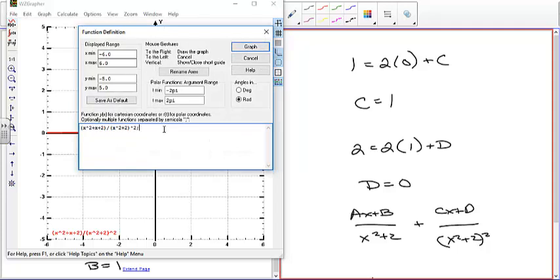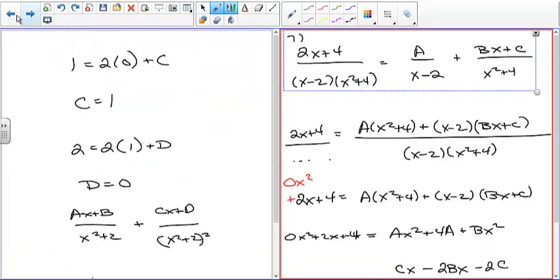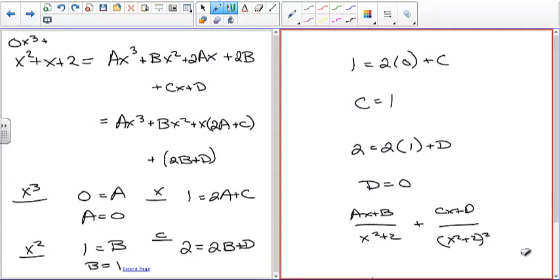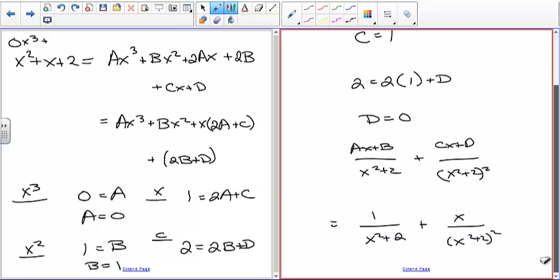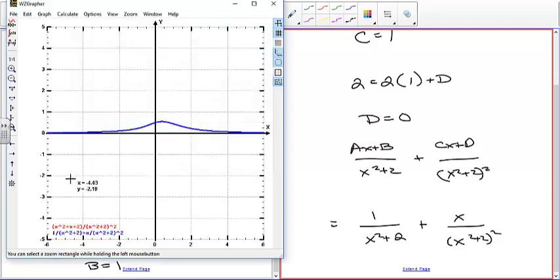So I'll put in the answer I got. Hopefully this, well, actually I didn't go far enough. Where is my answer? Oh, it's down here. There we go. Okay, so we get 1 divided by x squared plus 2 plus x divided by x squared plus 2 quantity squared. And there you go. See, they're the same thing.